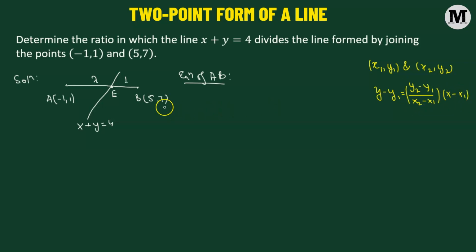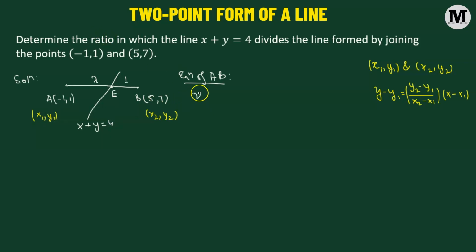Since we have the 2 points, we can easily apply this. Let's assume A to be (x1, y1) and B to be (x2, y2). This is independent of choice, meaning you could start with B as (x1, y1) and A as (x2, y2) and still end up with the same result.